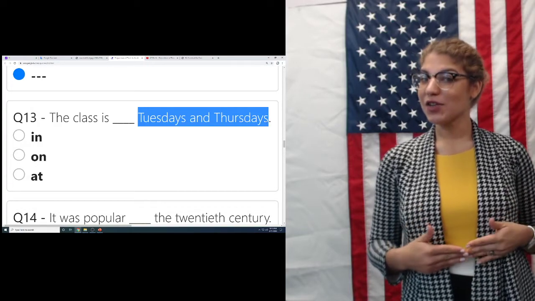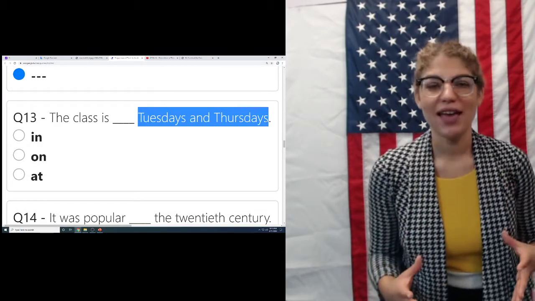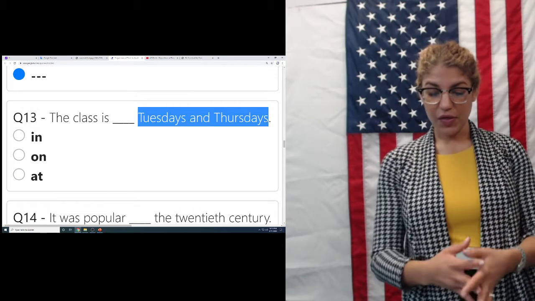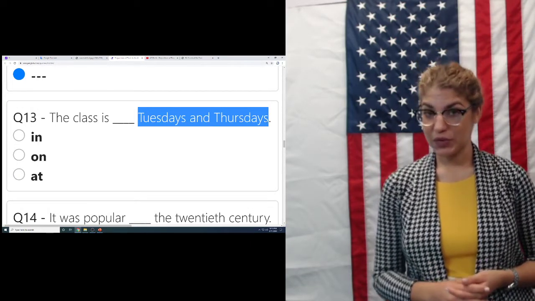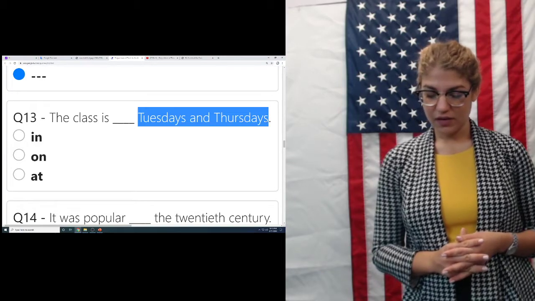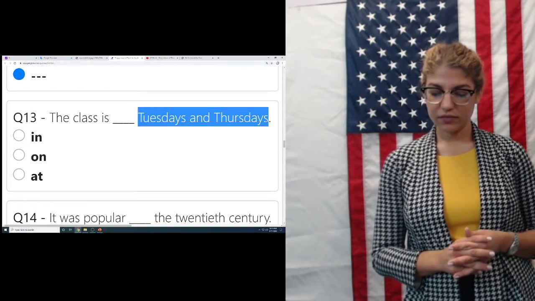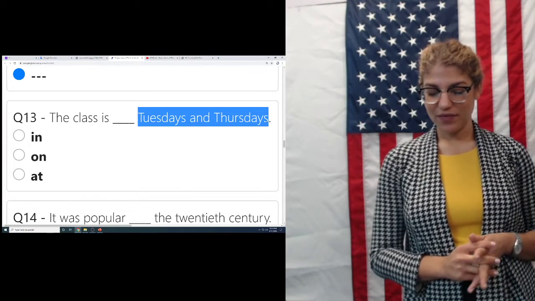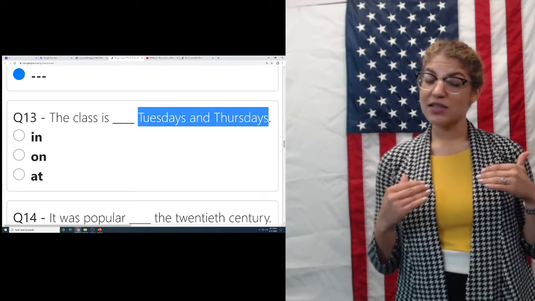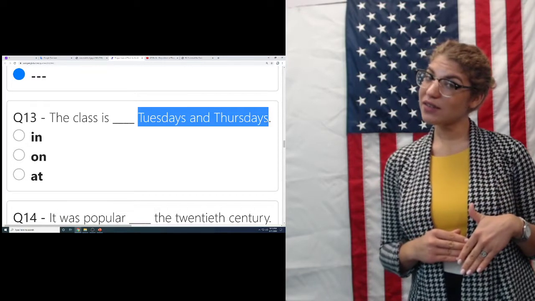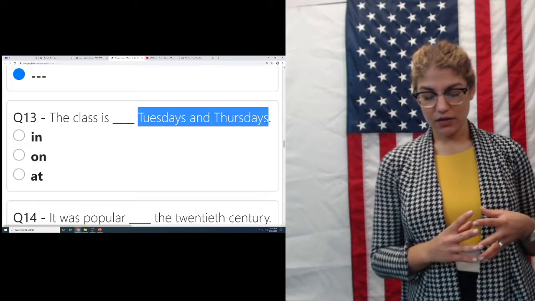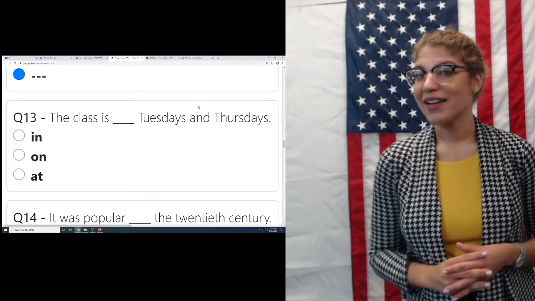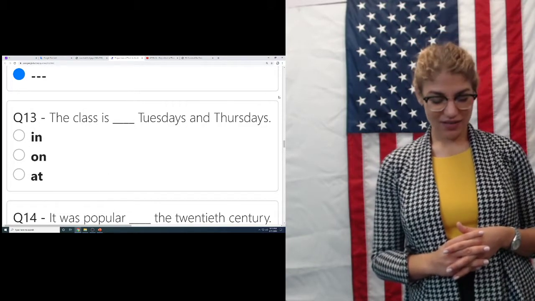We see our clue words here: Tuesday, where we include the word day, and Thursday, where we include the word day. So what should the answer be? Classes in Tuesdays and Thursdays? Classes on Tuesdays and Thursdays? Classes at Tuesdays and Thursdays?